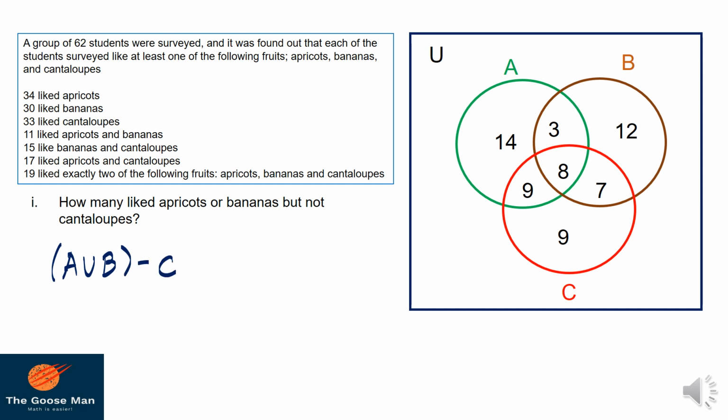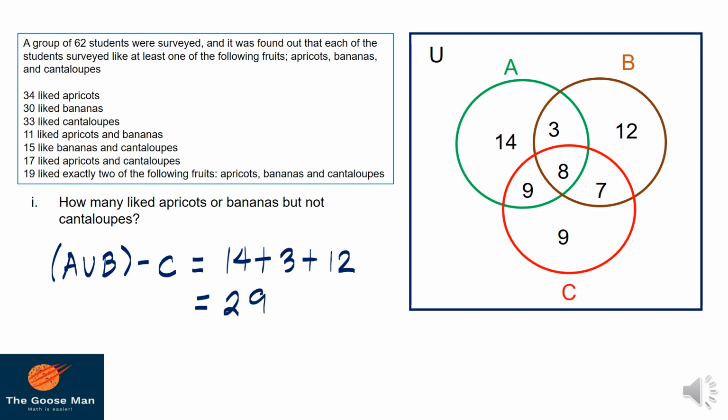Looking at our Venn diagram, we have the union of apricots and bananas, but we are not considering the cantaloupes. So what we have is 14 plus 3 plus 12. Observe that this is the area: 14, 3, and 12. So the answer here is equal to 29.